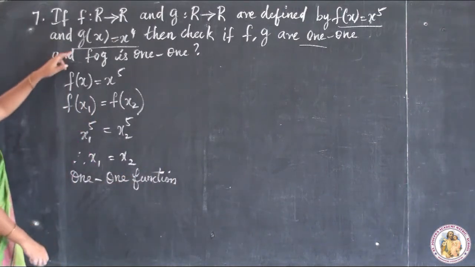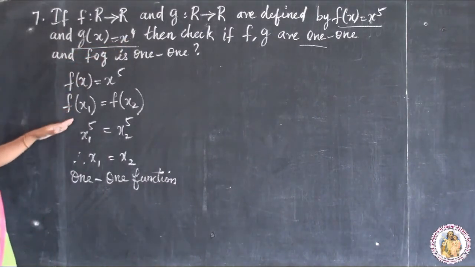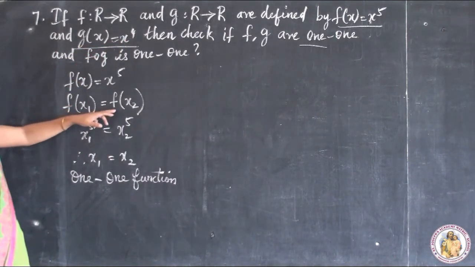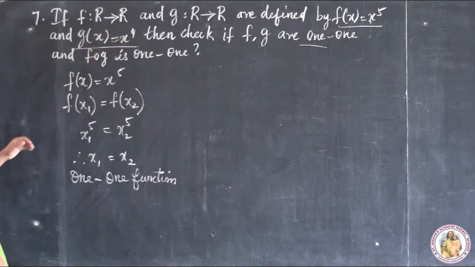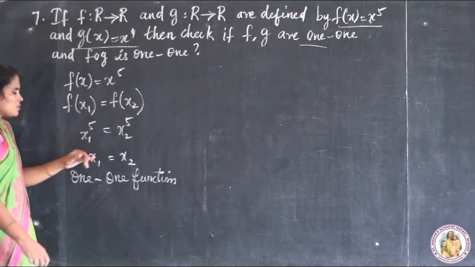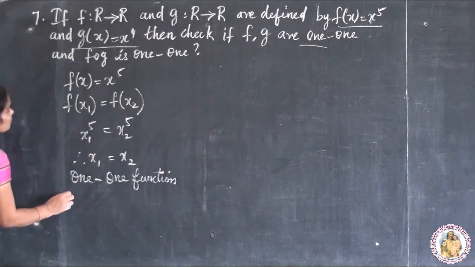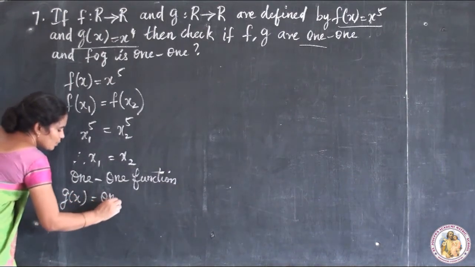As well as for g of x, it is given as x to the power of 4. Same, taking g of x1 and g of x2, we get x to the power of 4 equal to x to the power of 4. So therefore, g of x is also a one-to-one function.